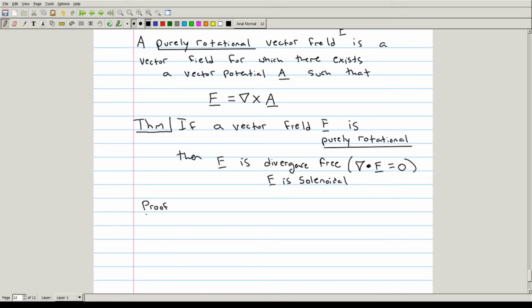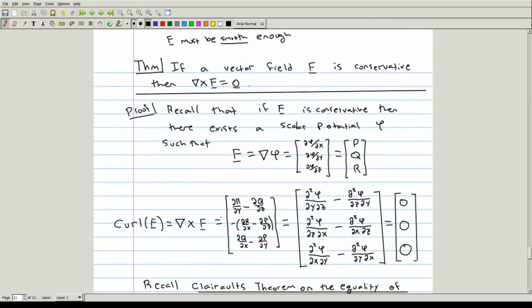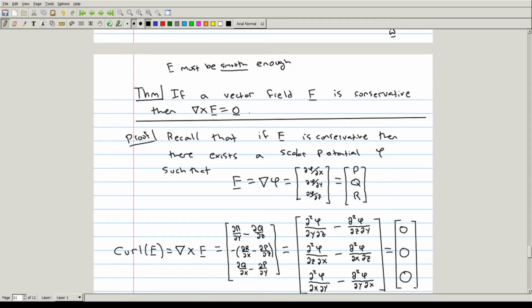And the proof of this I'm going to leave to you. It's a good exercise, and it follows exactly the same lines as the previous proof that if a vector field is conservative, then the curl of F is equal to 0.